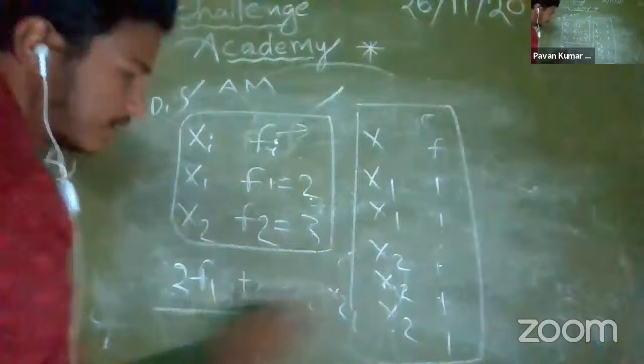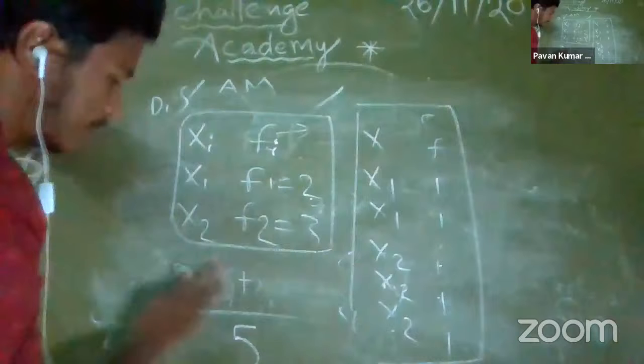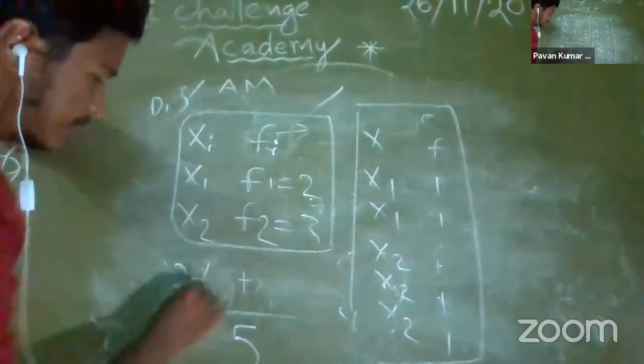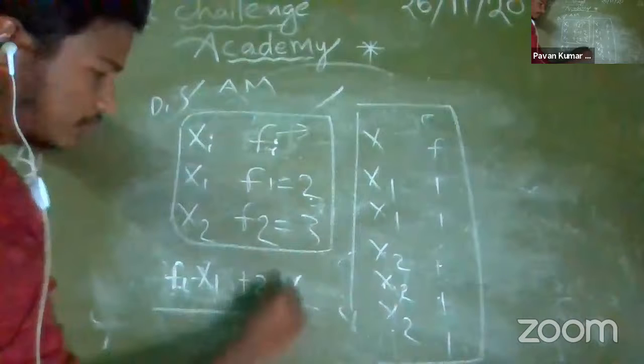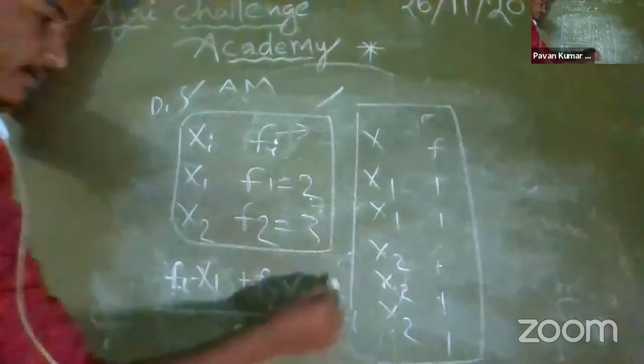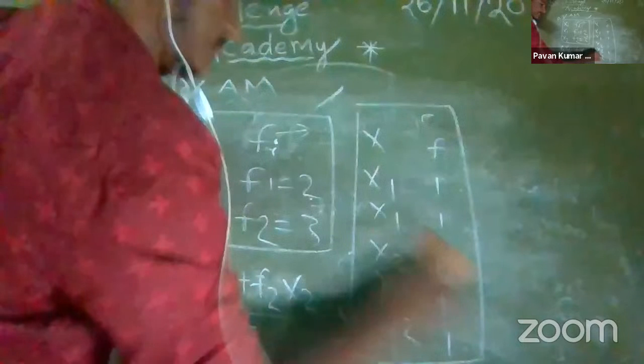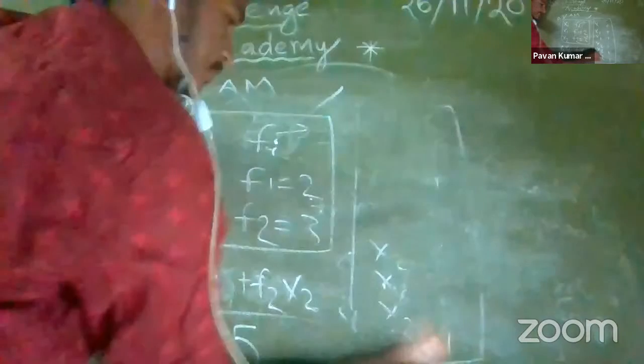Nothing but frequency, so you can write x1 into f1, x2 into f2, plus x3 into f3, x4 into f4, like this. So you can write the formula: summation of fi into xi divided by the total frequency, and this is the formula for x bar.